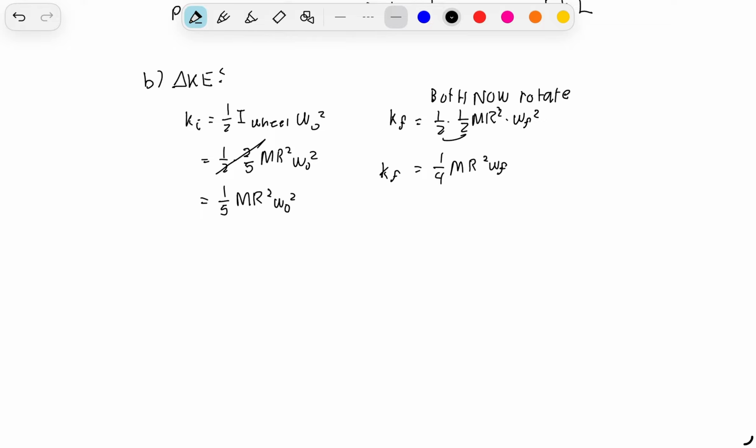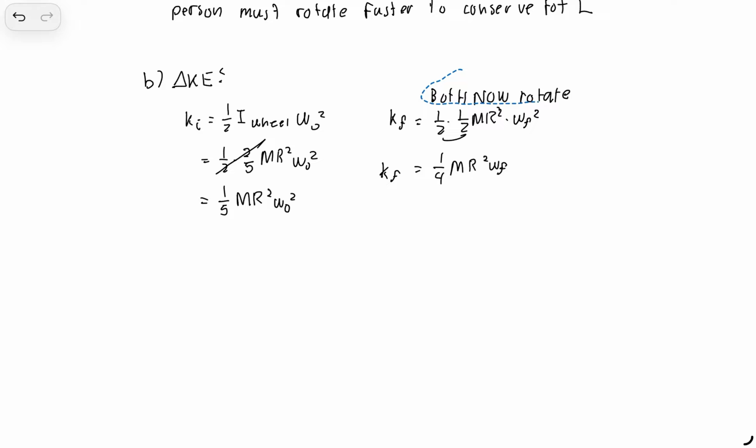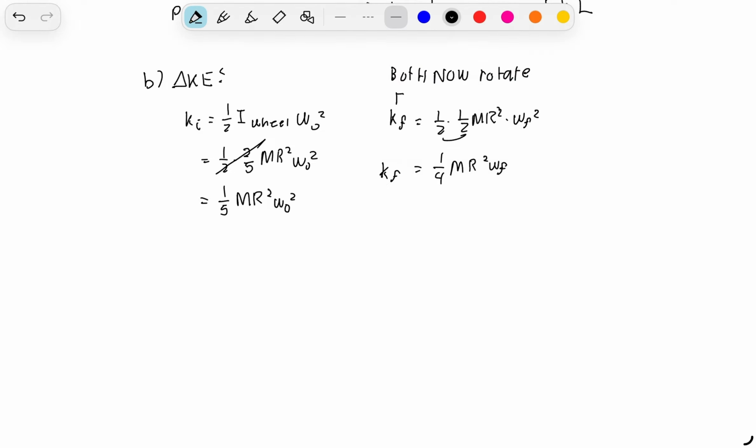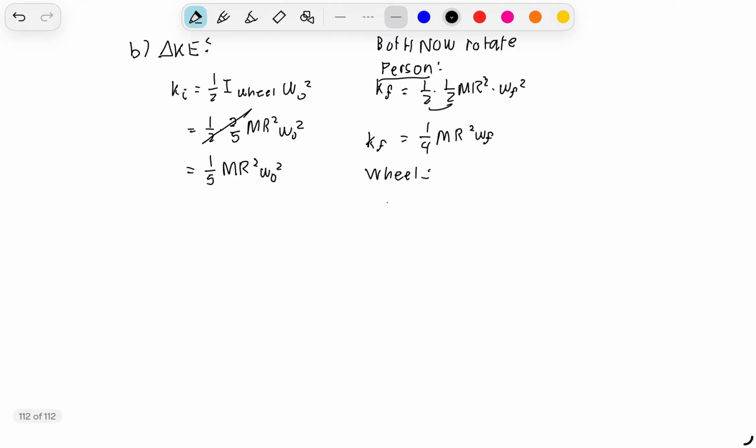So this is K final for the person. Now for the wheel, we're going to have K final is equal to 1/2 times 2/5 mass radius squared times omega initial squared.